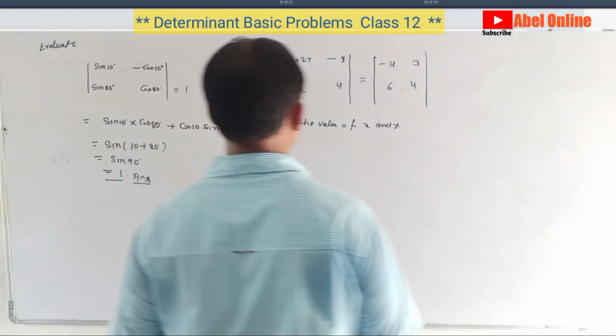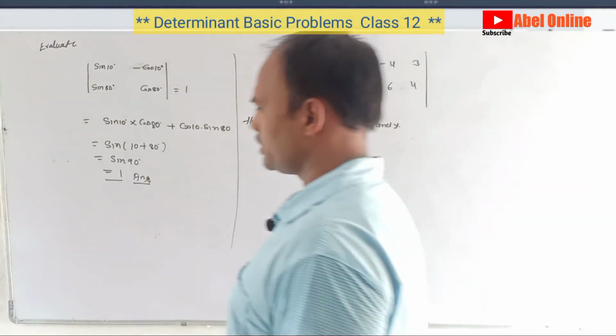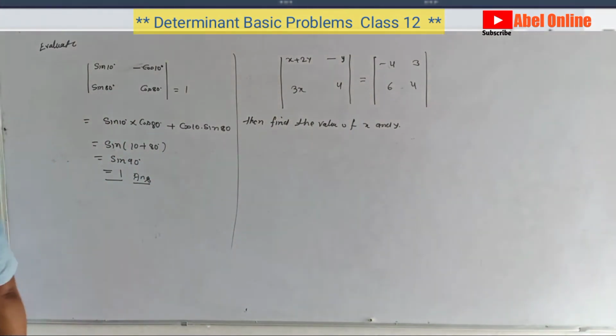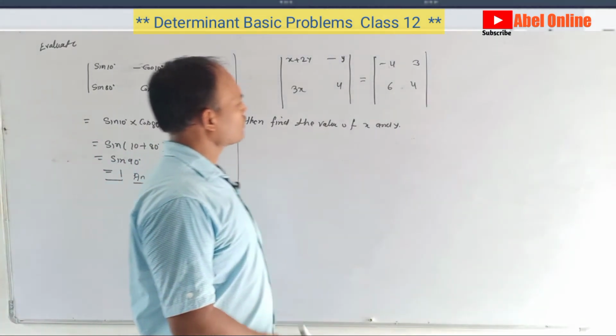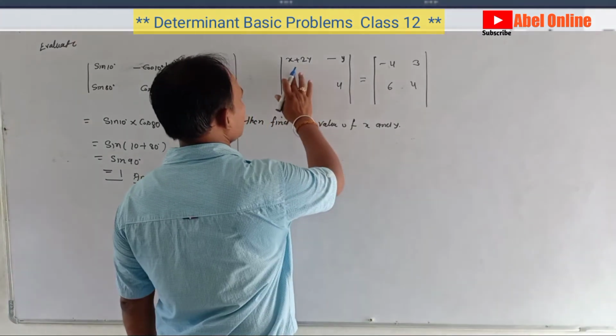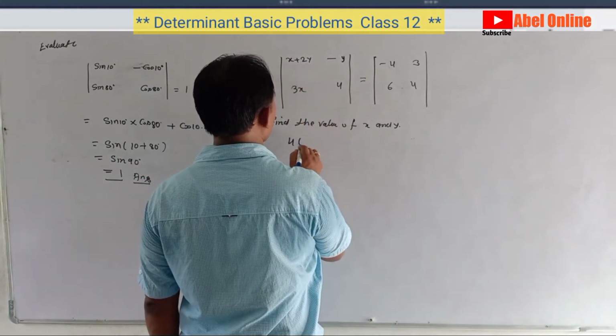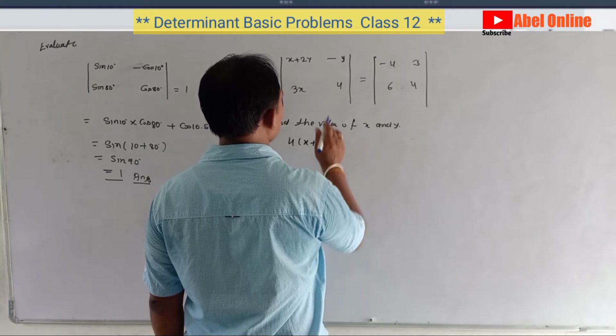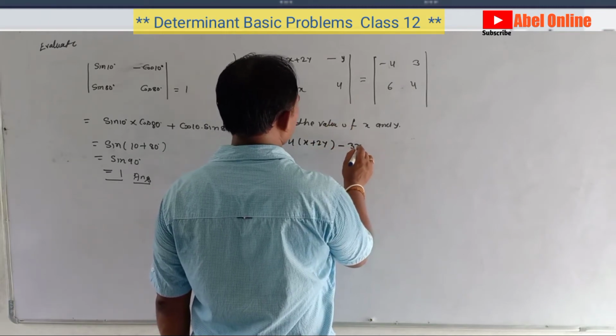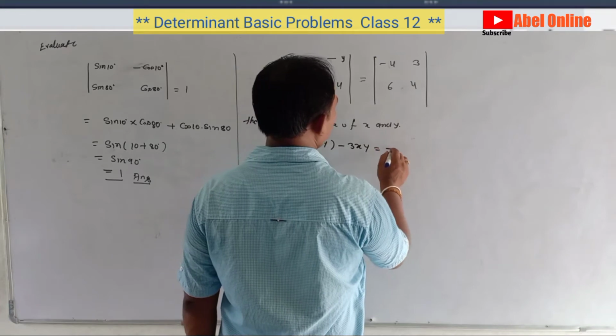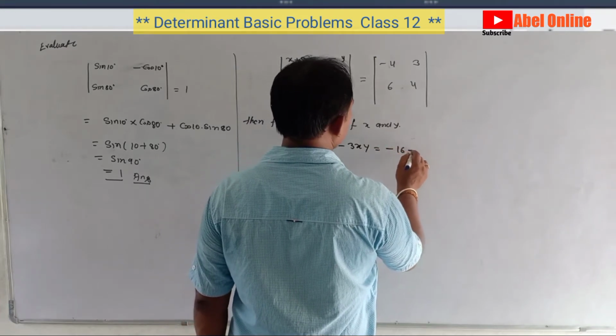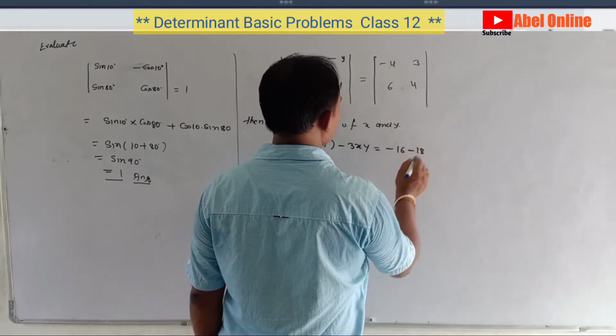Now the question: if the determinant of x plus 2y, minus y, 3x and 4 equals the other determinant, then find the value of x and y. So how can we solve this question? Expanding: 4 times (x plus 2y) minus (minus 3xy) equals minus 16 minus 18.